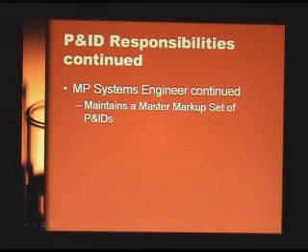Process engineer maintains a master P&ID up to a design issue. Remember the freeze point? When the freeze point is reached, the process engineer still maintains a process master, but the main master is now a responsibility of the piping department after the design issue.